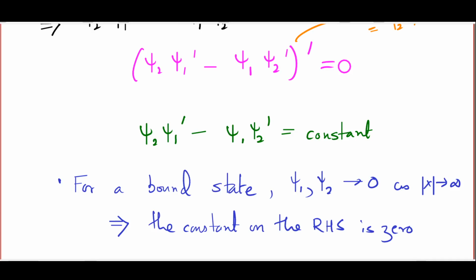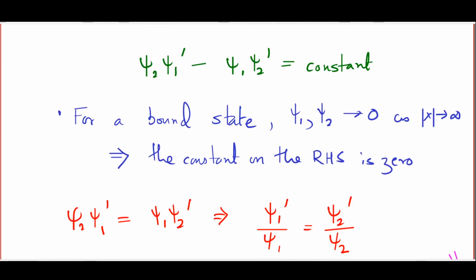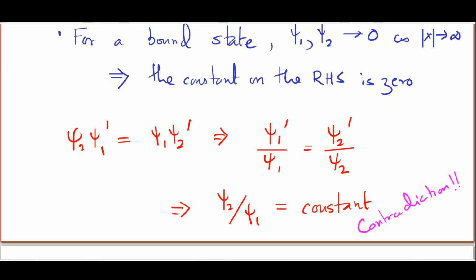Now, if the constant on the right hand side is 0, then it's very easy to show that all you are going to get is psi2 psi1 prime has to be equal to psi1 psi2 prime, which means psi1 prime by psi1 has to be equal to psi2 prime by psi2, and that leads easily to the result that psi2 by psi1 is a constant.